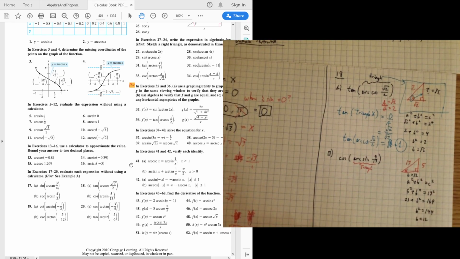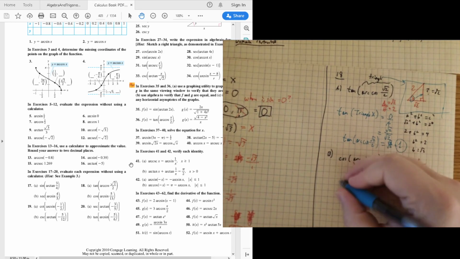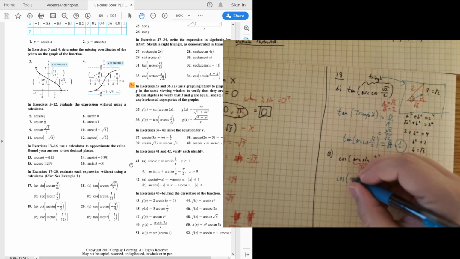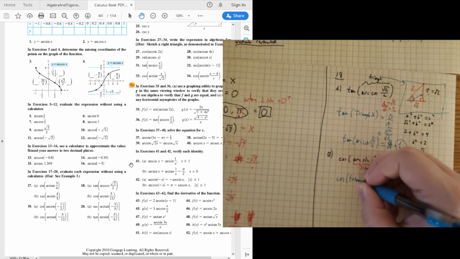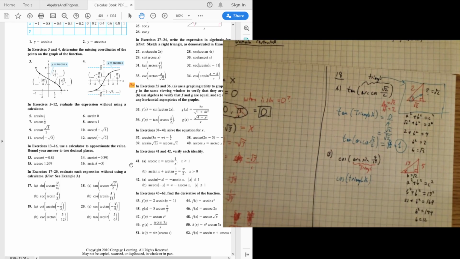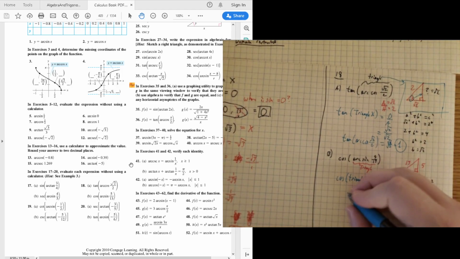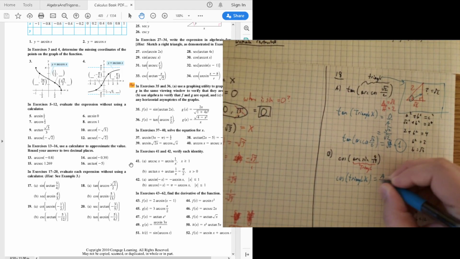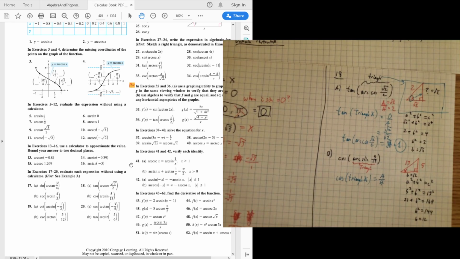So the question asks, what is cosine of this triangle? Well, if I look at this picture, remember cosine is equal to adjacent over hypotenuse. We used arcsine to build a triangle, and then we're now using the triangle to evaluate the cosine function.